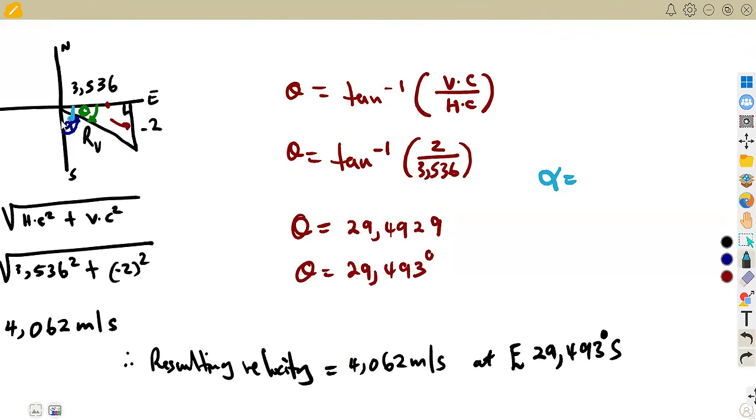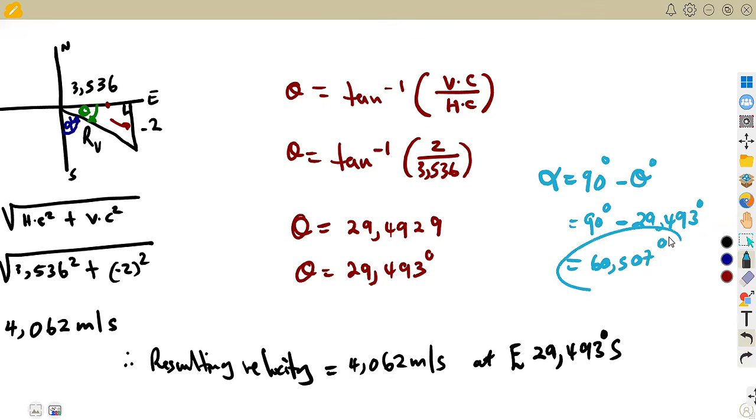Remember, 90, 90, 90, 90 gives us 360 degrees. So alpha is going to be 90 degrees minus the theta that we got, 29.493 degrees, and that gives us something like 60.507 degrees as your alpha.